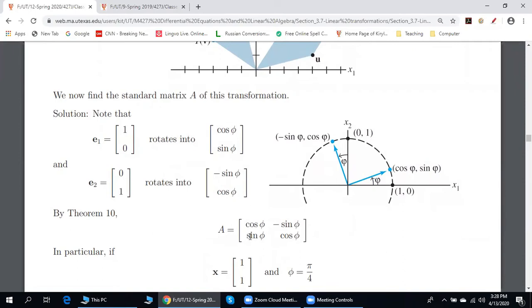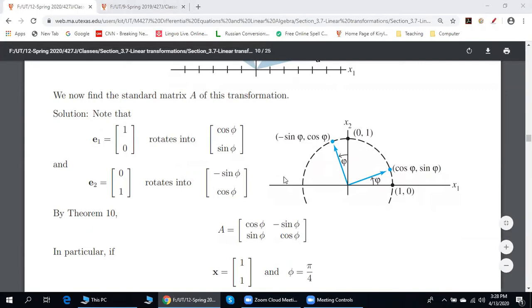Column number 1 of matrix A is a rotation of E1. Column number 2 of matrix A is rotation of E2. How do we find coordinates? Well, please take a look at this picture. E1 is over here. Let us rotate E1 about the origin. We will get this.